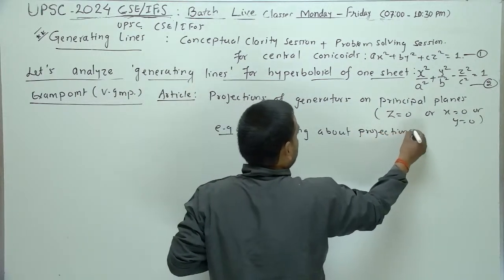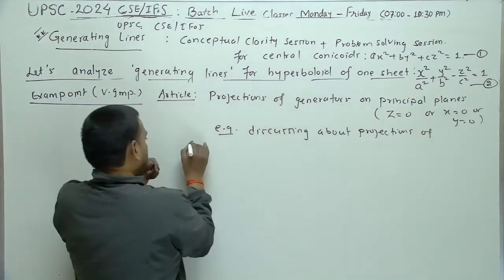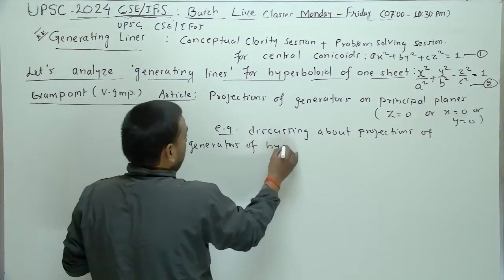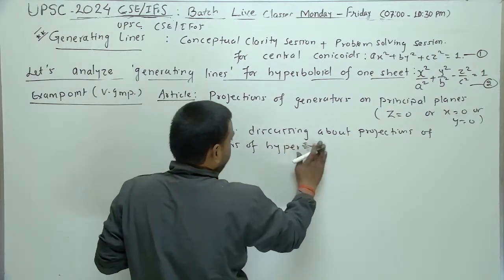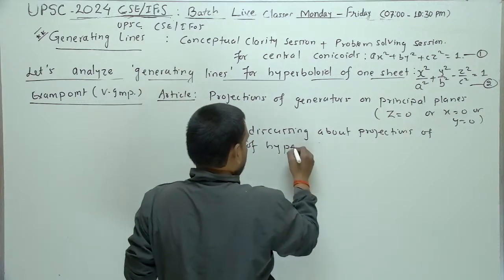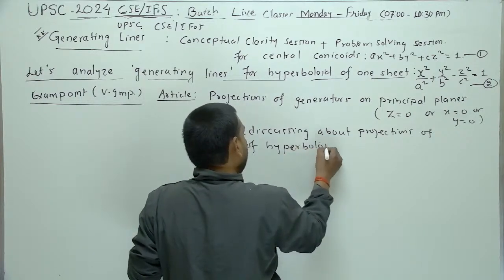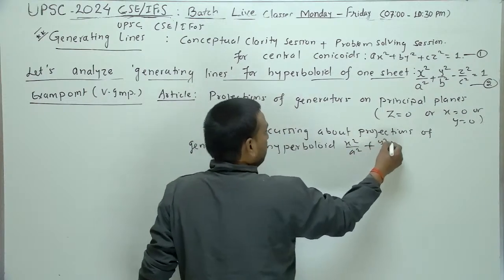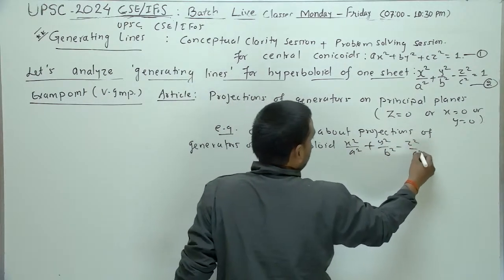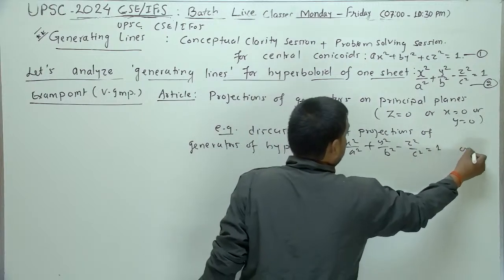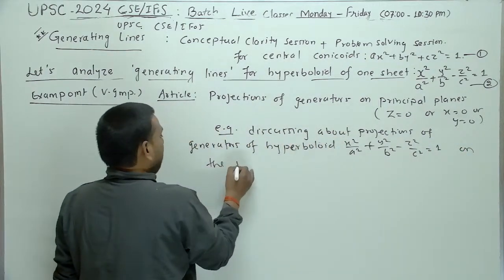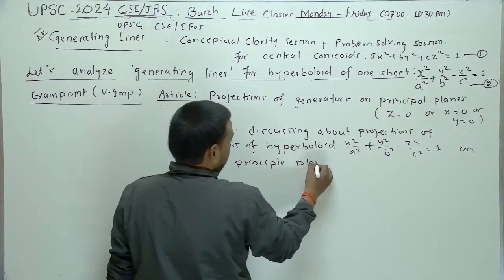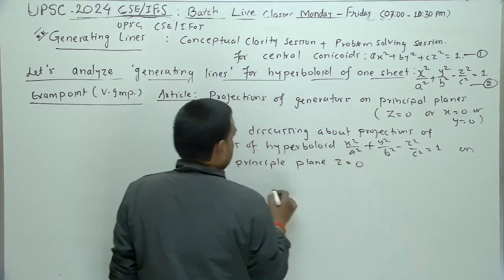If I explain to you here, for example, discussing the projections of generators of the hyperboloid x square upon a square plus y square upon b square minus z square upon c square on the principal plane z equals 0.